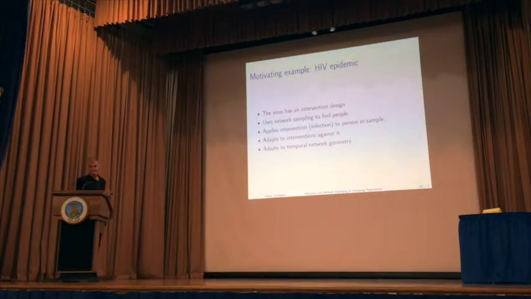So in the HIV epidemic example, the type of network designs we're thinking of. First of all, there are the seek and treat designs where they test people and see if they need treatment.